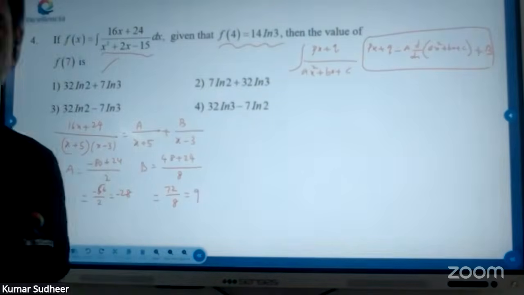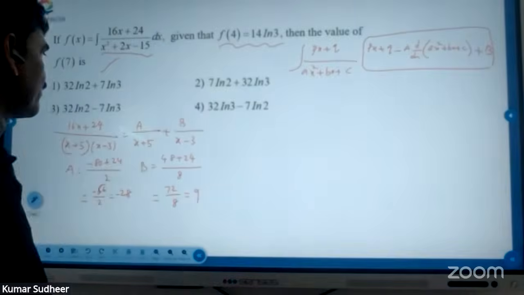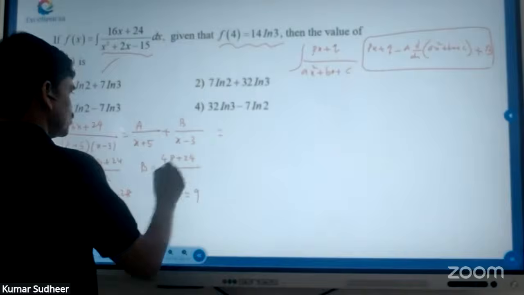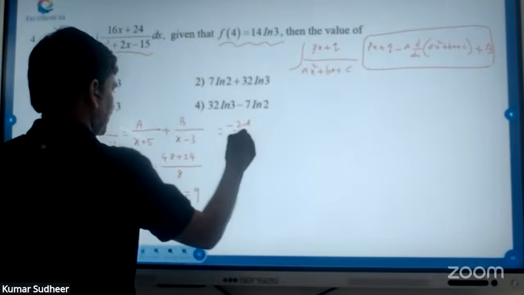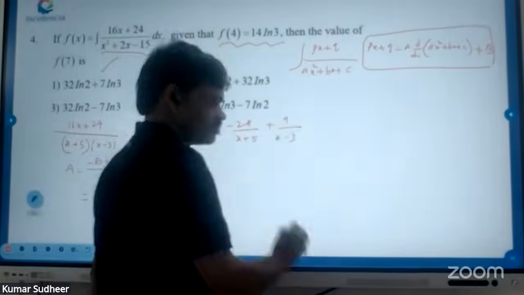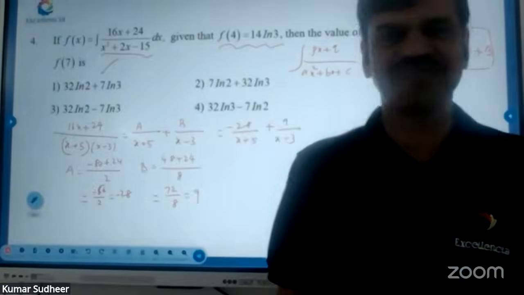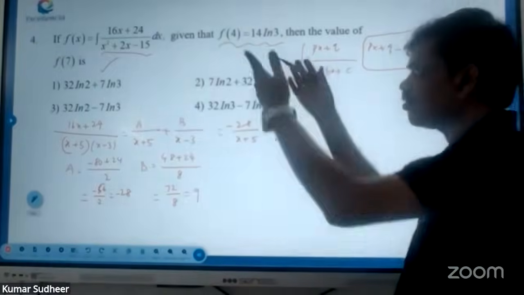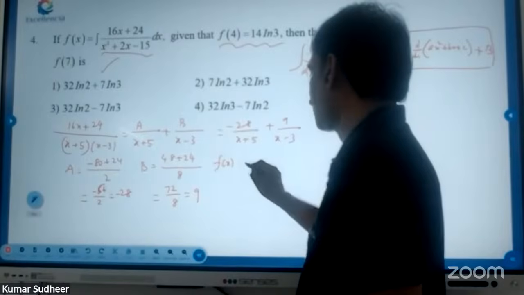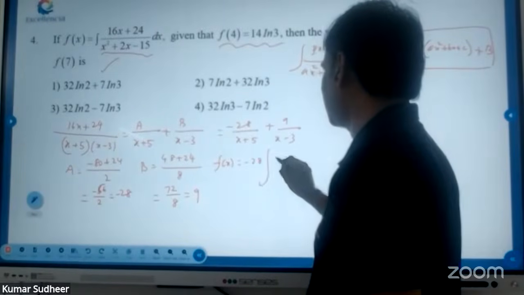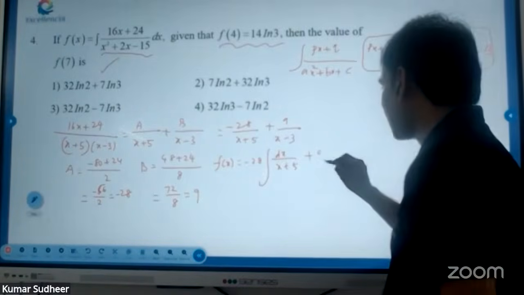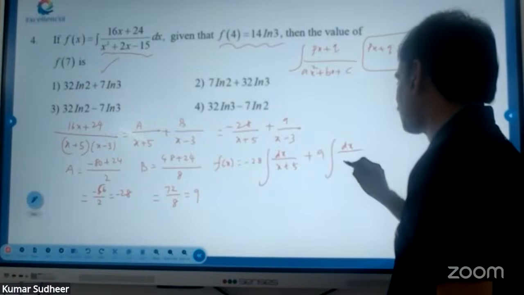Once we get the values of A and B, if I substitute here, we get minus 28 by (x plus 5) plus 9 by (x minus 3). So we have split it. Now go for integration. f of x is equal to minus 28 integral dx by (x plus 5) plus 9 integral dx by (x minus 3).